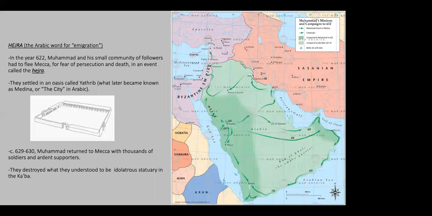Now the Quraysh were quite displeased at Muhammad's following, right? The following that he was gaining in Mecca, as he proclaimed and widely revealed his revelations.